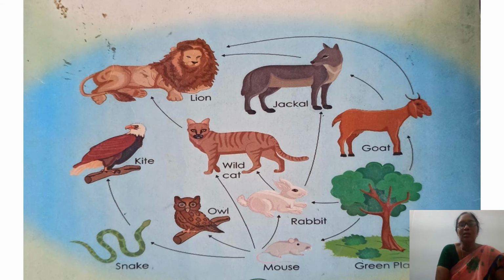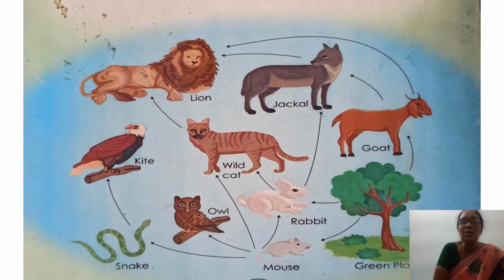Yes. So here the food chain is branched. It's connected like a web. So what can we call it? We can call it food web. So this is about food web. Through this food chain, through this food web, energy is being transferred from one organism to another organism.